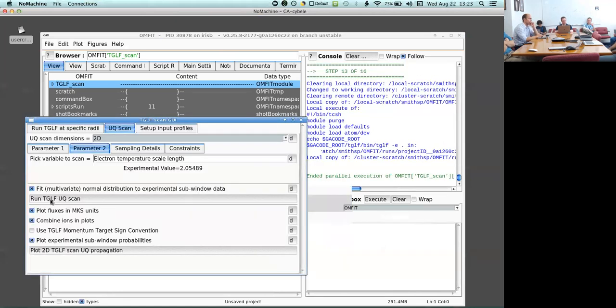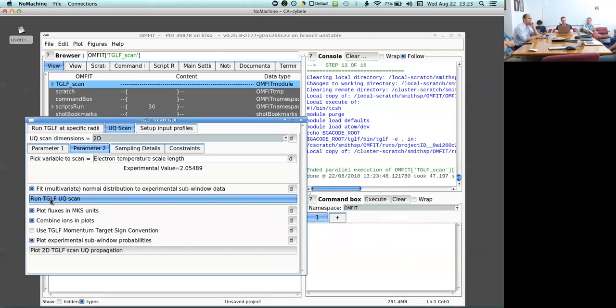That's correct. One of the things that can be added later is, instead of supporting multivariate normal distributions, supporting multivariate kernel density estimators in TGLF. Just treat them both as normal? Yes, yes, that's a better idea.